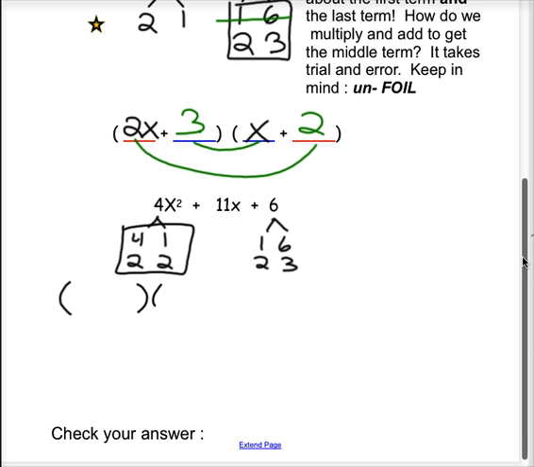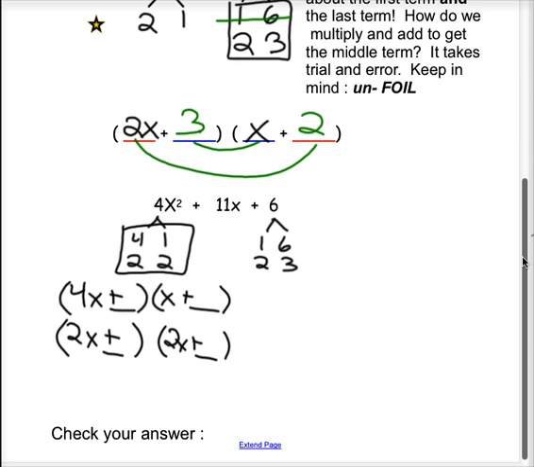So what that's telling me is I could either have 4x plus a number, x plus a number, or my structure could be 2x plus a number, 2x plus a number. So the fact that I have two possibilities is now giving me two different possible structures that I'm looking at.